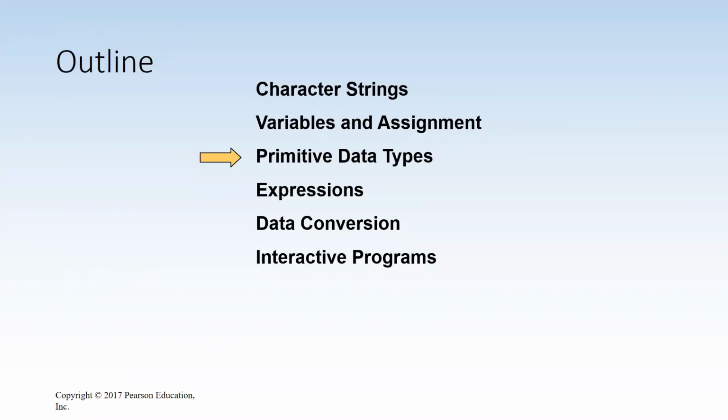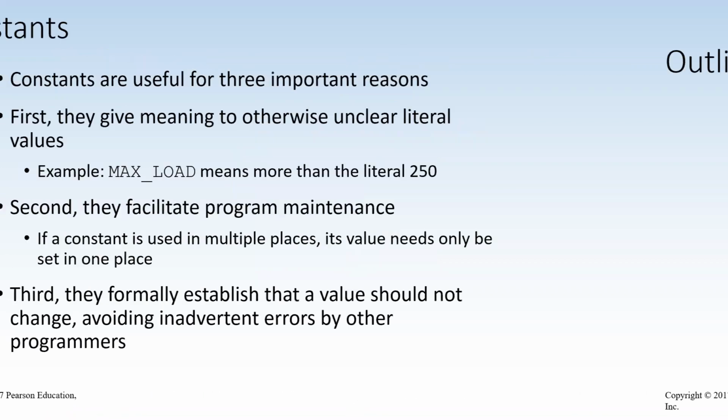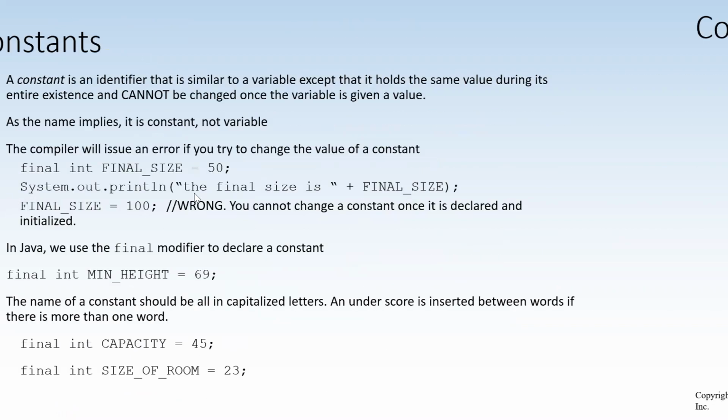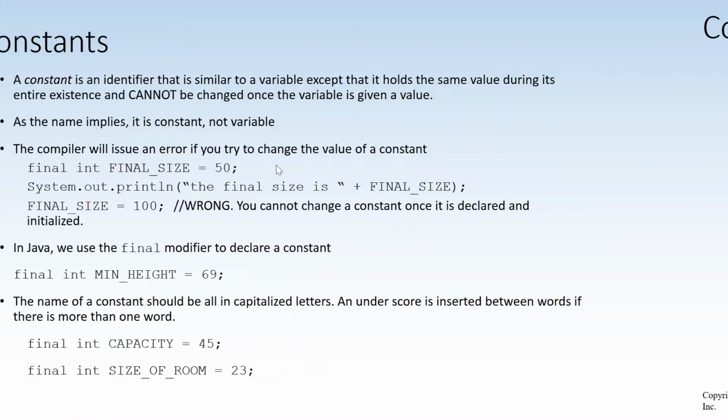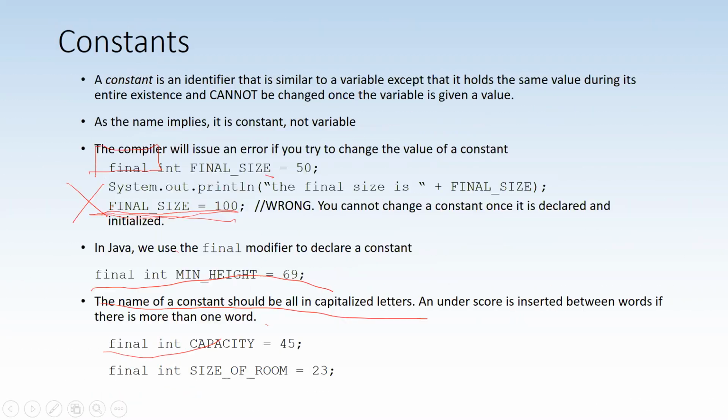Okay, primitive data types. Before that, let me ask you, what is the assignment operator? Did I mention that? Maybe not. This is called the assignment operator. That's not equality.